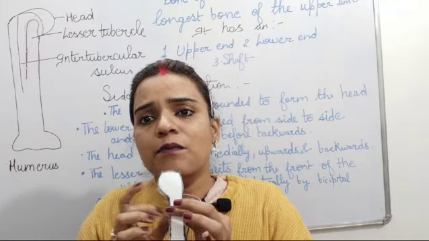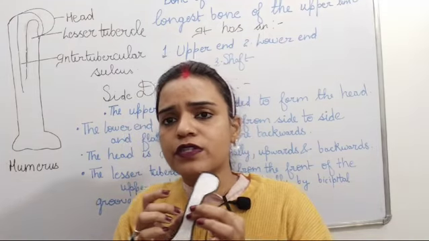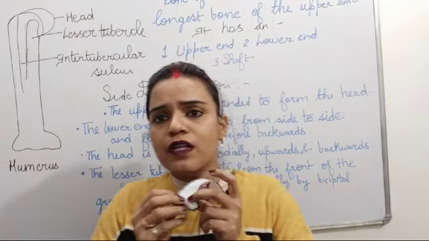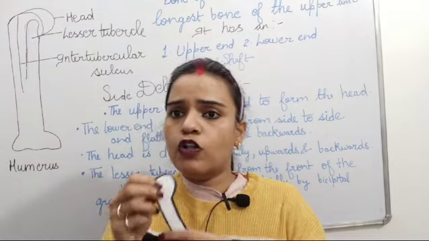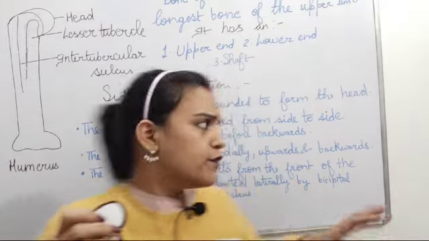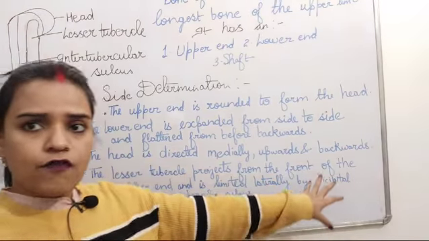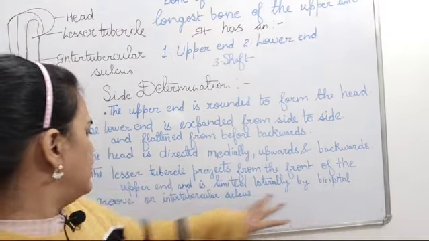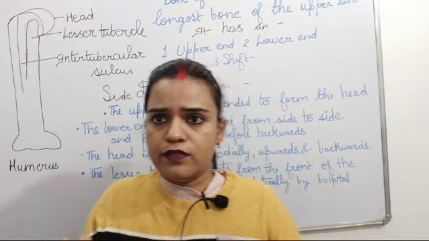We need to identify the front side as well, as in how you will know this is front and this is backward. Okay, medial lateral is so easy to find, but how would you know this is front and this is backward? Okay, at the backward side you will find the lower end flattened. Also on the front side you will find the lesser tubercle projects from the front of the upper end and is limited laterally by the bicipital groove or intertubercle sulcus.